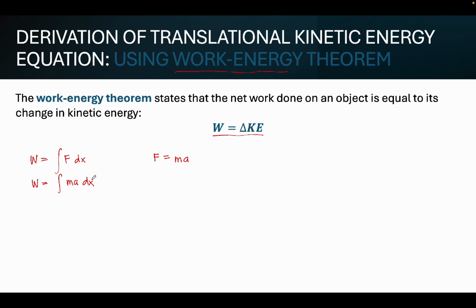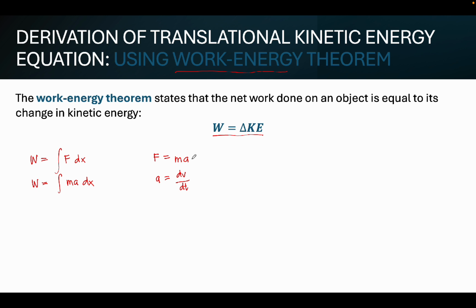Okay, so now let's use kinematic relations, or the kinematic equations. For the acceleration, we can have the acceleration as dv over dt, or the change in velocity over the change in time.